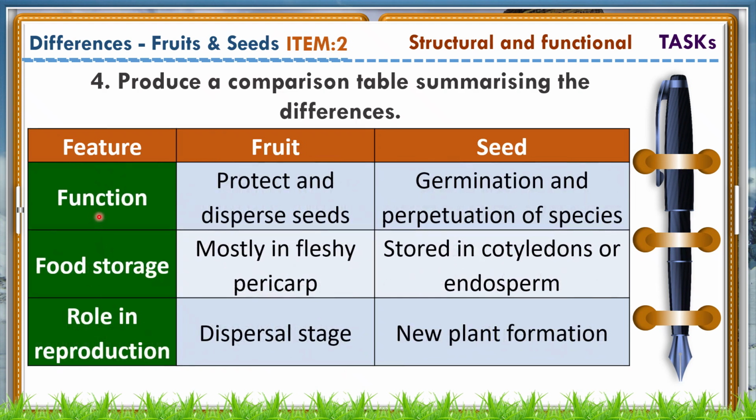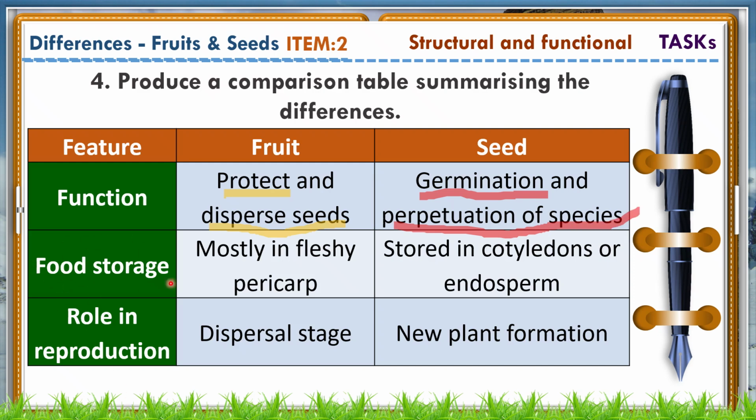We come to the function. The function of the fruit is to protect and disperse seeds, whereas the function of the seed is germination and perpetuation of species.